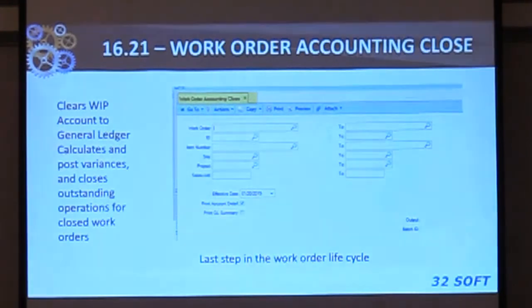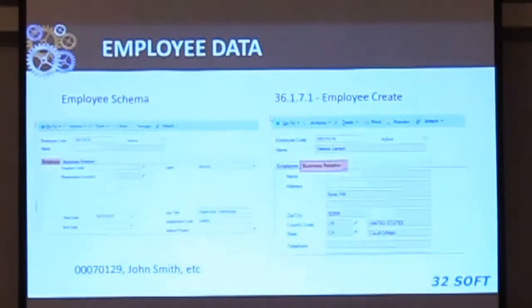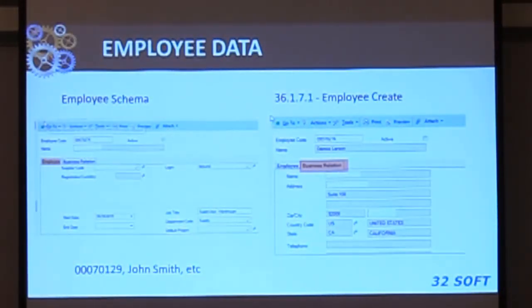1.2.1. So, labor feedback. For labor feedback, you've got to be employed before you can do labor feedback, so you need to create the employee number, however you want to do that. For some strange reason, people that did our employee numbers started them with 000. I don't know why they did that.